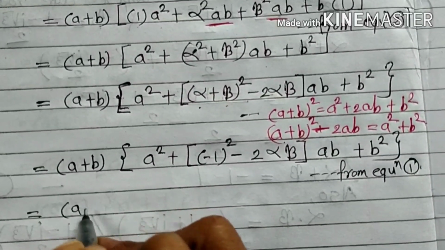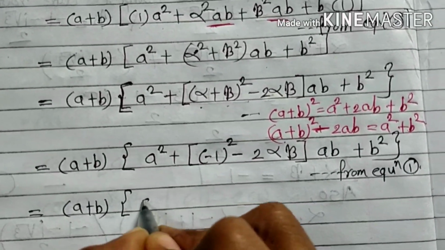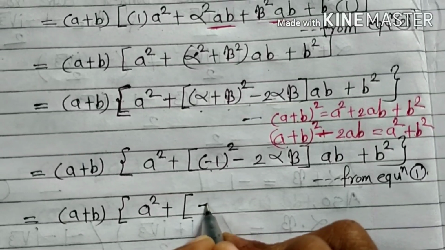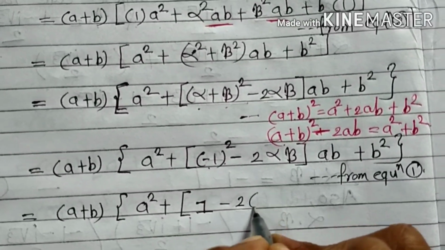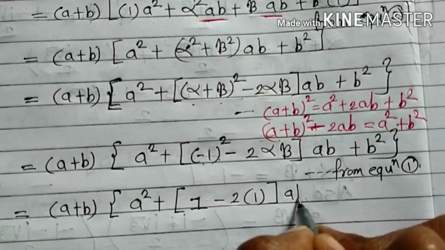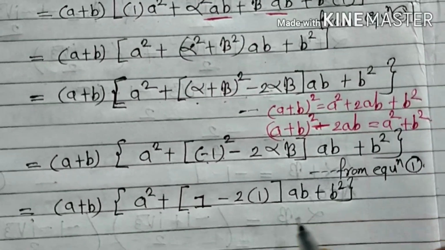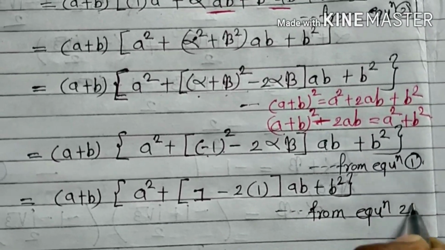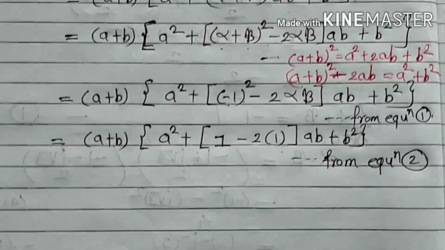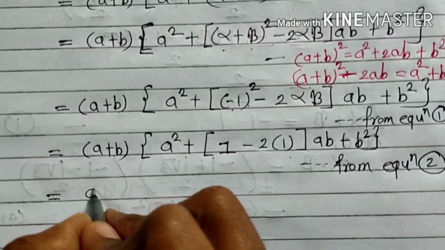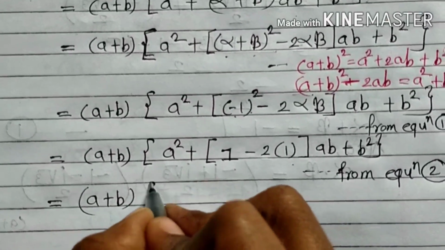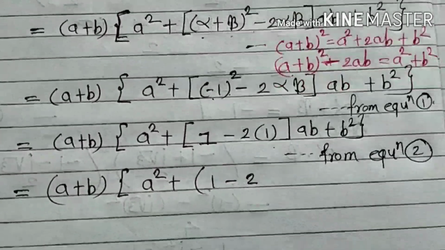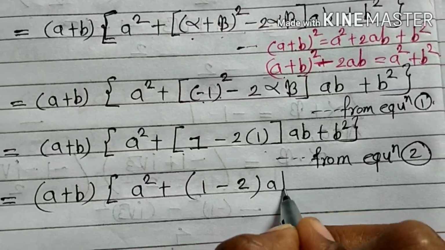Next, a plus b, here a square plus minus 1 is minus 1, minus 2 into alpha beta, which is 1, into ab plus b square. Here you can write from equation second, because the value of alpha beta is 1. Now you can write a plus b into a square plus 1 minus 2 ab plus b square.